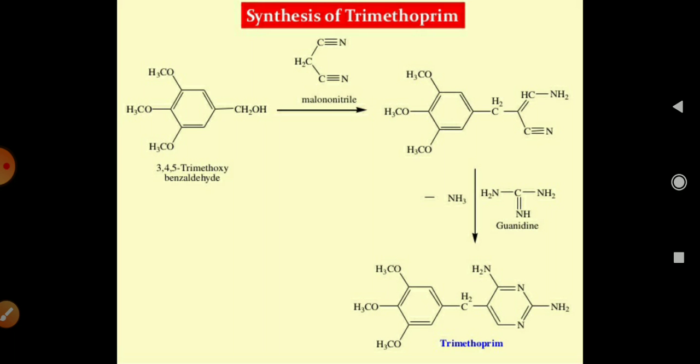The synthesis of trimethoprim: the reactant was 3,4,5-trimethoxybenzaldehyde, treated with malononitrile, it will give this product, and by treating this product with guanidine, it will give trimethoprim.